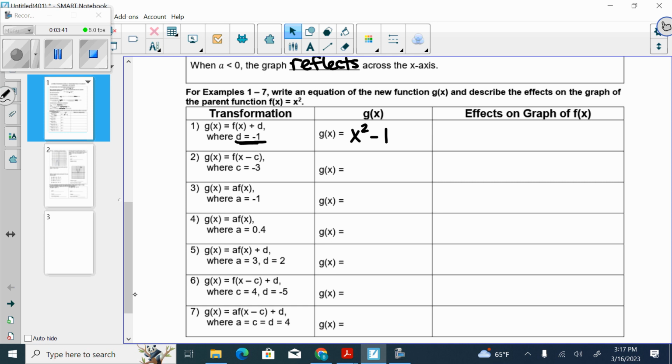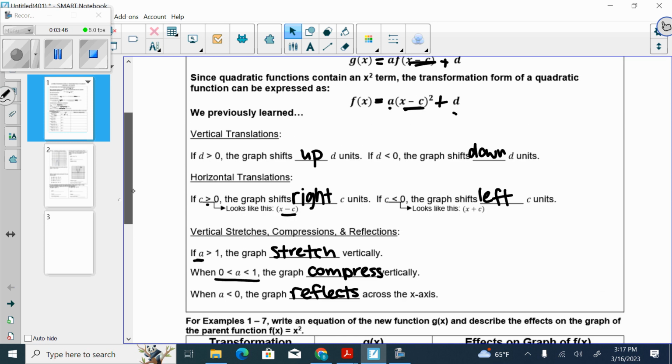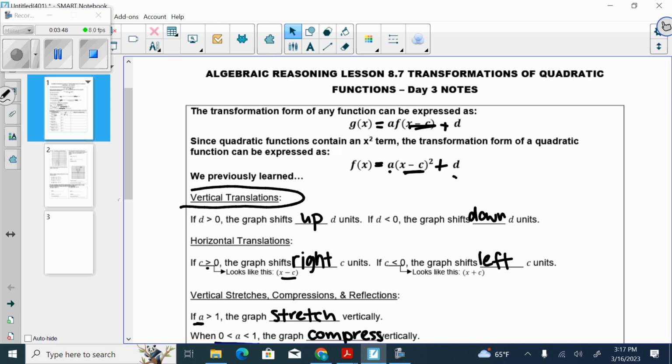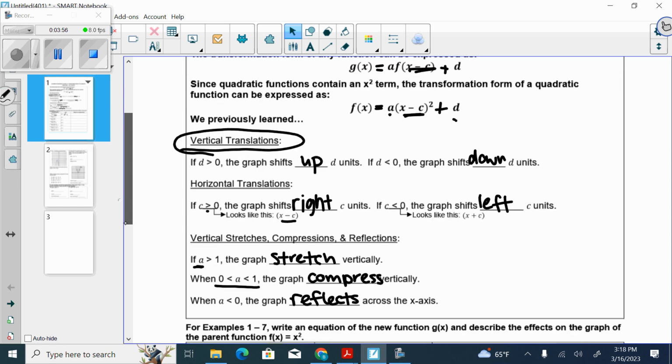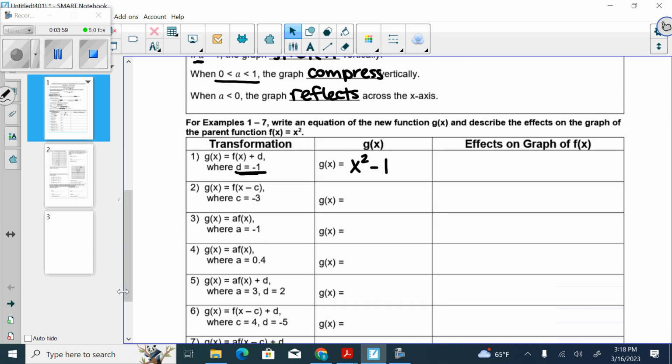We said D does what kind of translations? Vertical. What is vertical, you guys say? Up and down, up and down. Okay, so if it's a minus 1, how is it moving? Goes down. Very good. So I would say that it is moving down 1 unit.